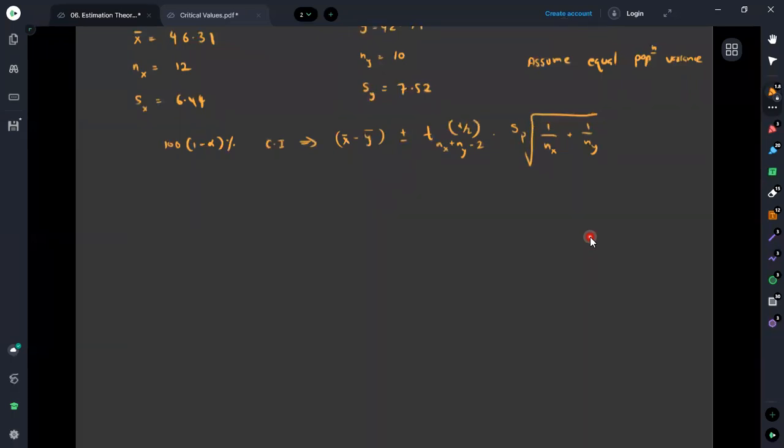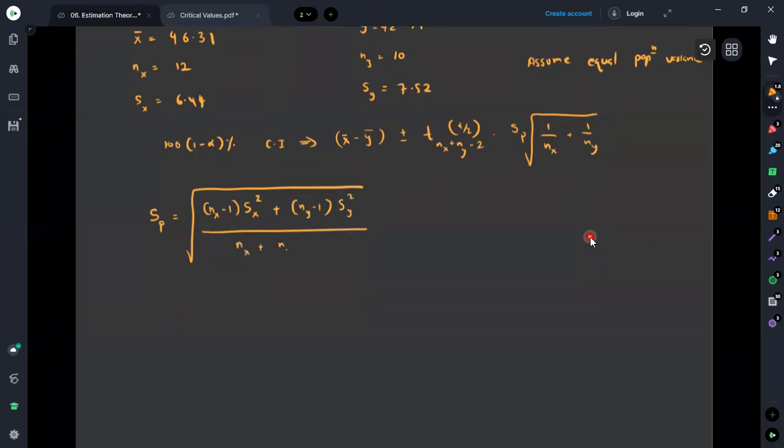The pooled sample standard deviation Sp can be obtained using the equation: nx minus 1 times sx squared plus ny minus 1 times sy squared, over nx plus ny minus 2, then take the square root. We get 12 minus 1 times 6.44 squared plus 10 minus 1 times 7.52 squared, divided by 12 plus 10 minus 2.